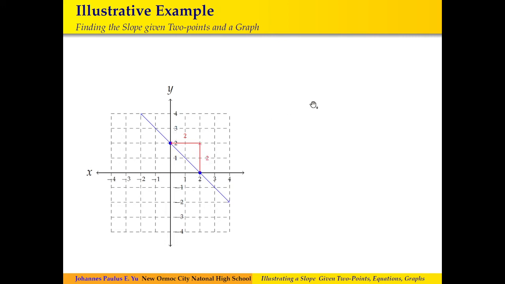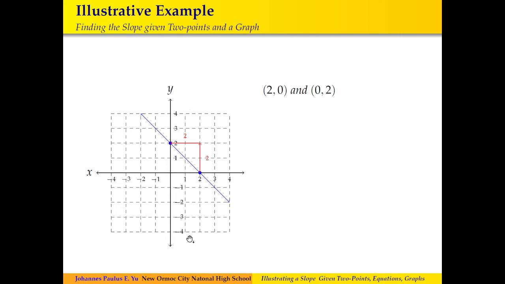So let us examine. The first point's coordinate is x value 2, y value 0, so 2, comma, 0. Bakit? Kasi walang value sa y dito. Nasa x-axis kasi siya. And the second one is x value 0 and the y value 2.